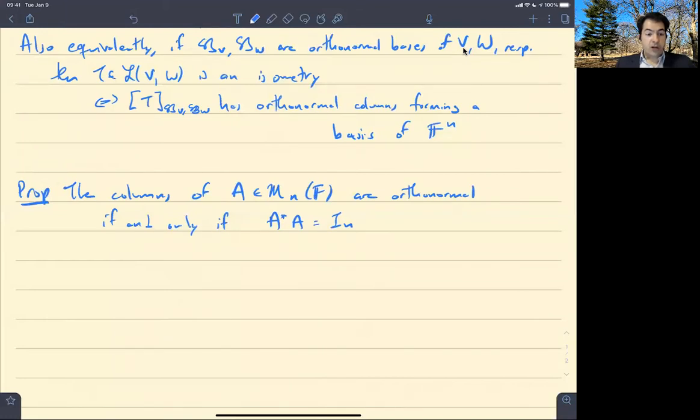This says that if the columns of a matrix form an orthonormal basis, then the matrix is invertible. That's not surprising. A matrix is invertible if and only if the columns form a basis. But the inverse is given by the adjoint of A. So that is new.